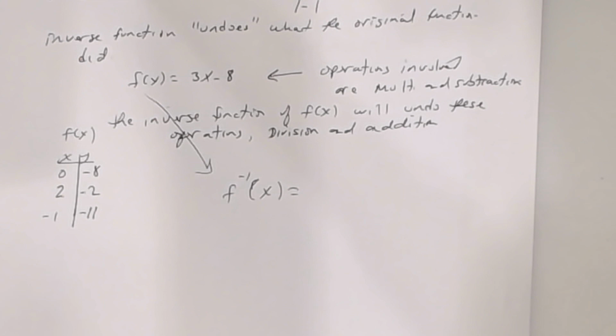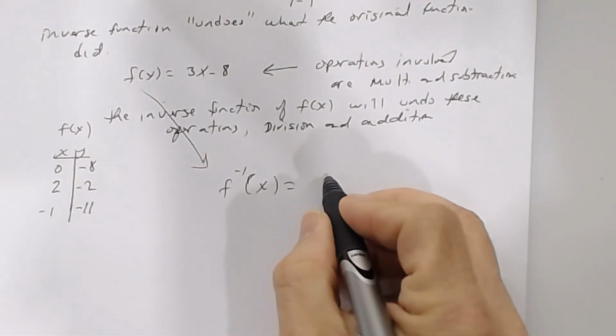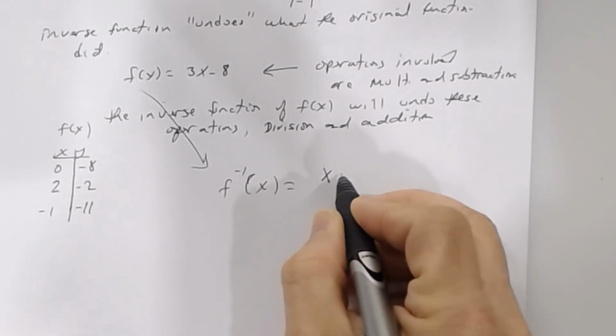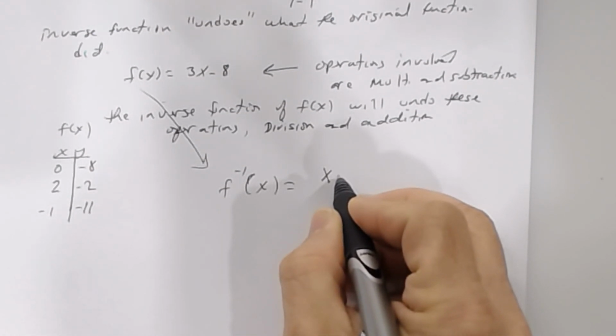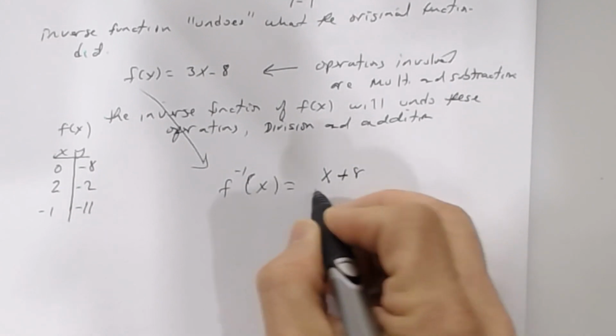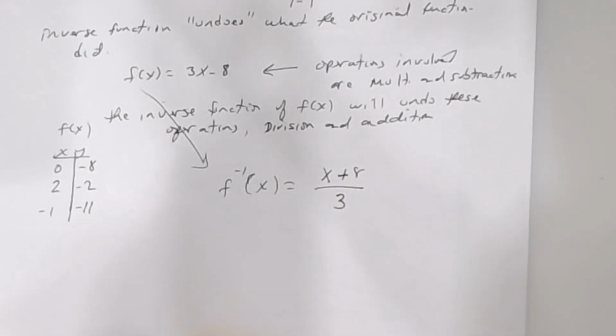You're going to add 8 and then what? Divide by 3. So the inverse function does this. You're going to take your value x, add 8, and then take the whole thing, divide by 3. There's your inverse.